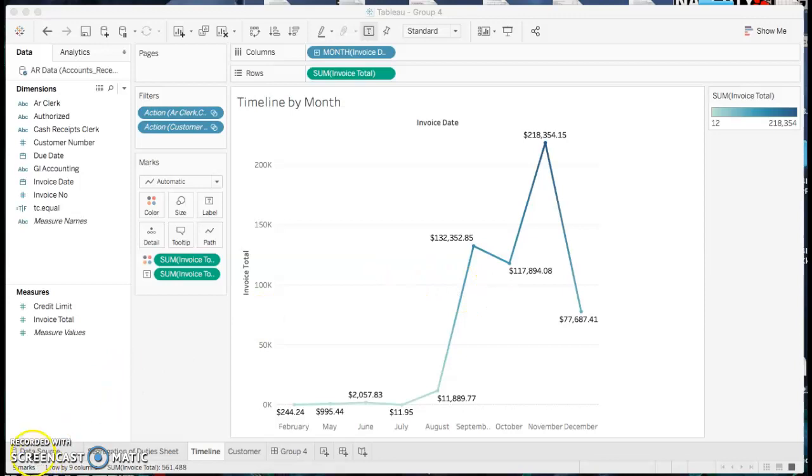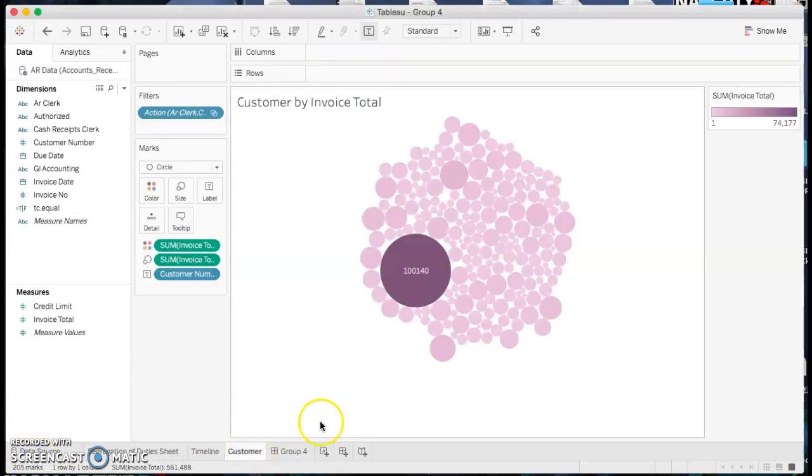Lastly, we were asked to create a customer size sheet, and we were asked to display customers by size. We chose to show the size of customers by the amount of invoices they have.